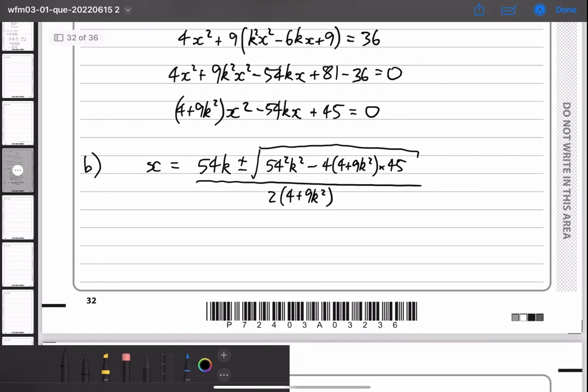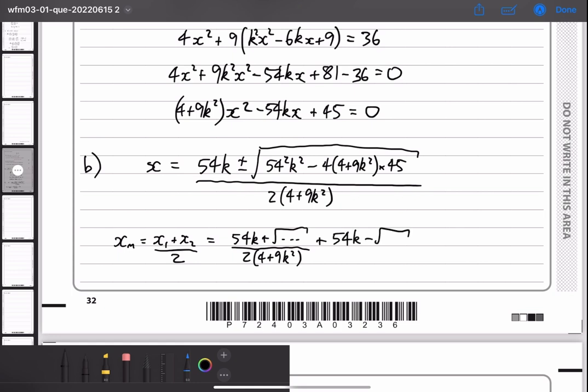So the midpoint, or xm, is equal to x1 plus x2 divided by 2. The first solution is 54k plus the square root, all of that in there, over 2 lots of 4 plus 9k squared, plus the second solution, which is 54k minus the square root, all that same stuff in there with the same denominator.